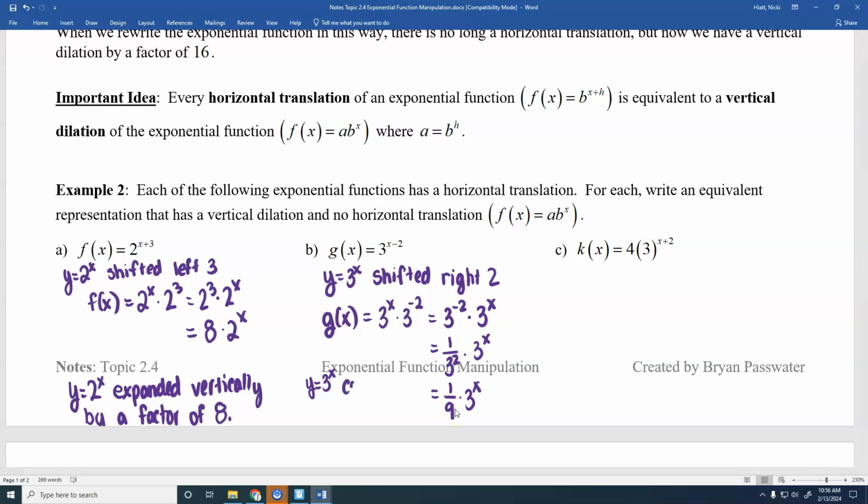Compressed vertically. By what factor? 1/9. Right, we don't have to flip it whenever that number's on the outside of the parentheses there. Which there are no parentheses there, but they would be just in the exponent.